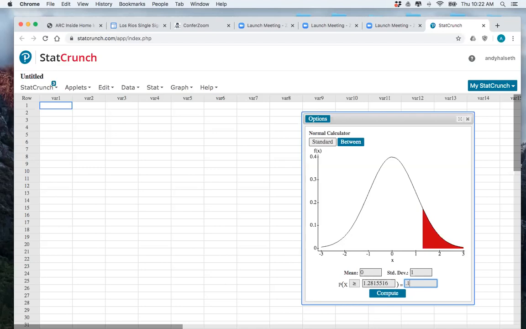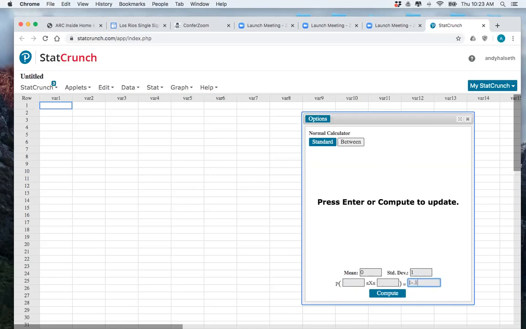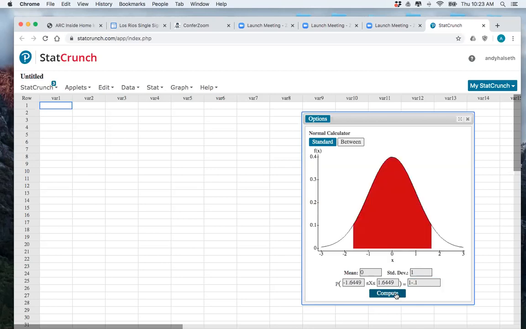For a two-tail, one way to do it is to use the between. The between is going to give you the middle percentage. The alpha is actually on the ends. So I would do in here a 1 minus 0.1. The reason I'm doing the 1 minus is that the alpha is these two tails, right?